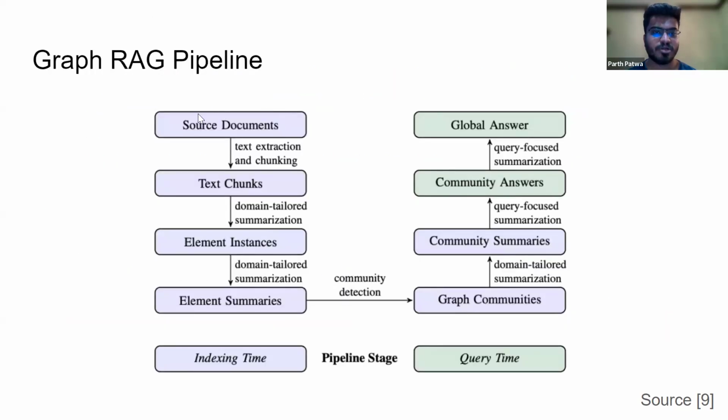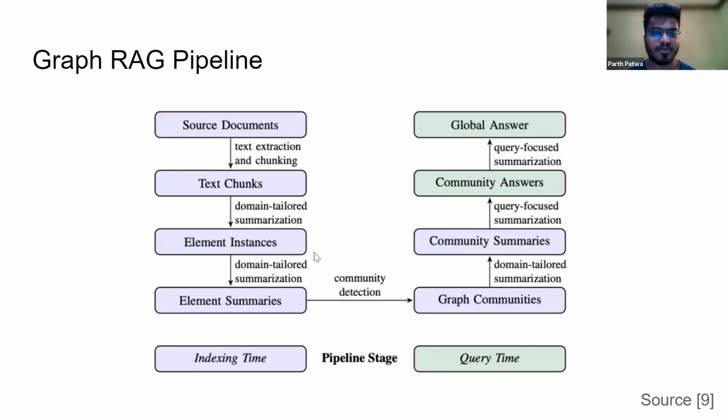So in GraphRAG, what we have is source document and chunking as in vanilla RAG. Then an LLM is used to extract element instances, could be like intent, entity, and so on. Then an LLM is used to summarize these element instances and connect them. So we can say that father relationship son of, and then the son's name.